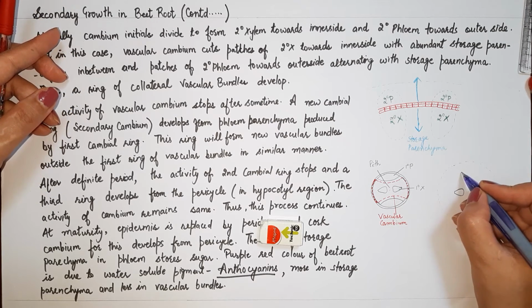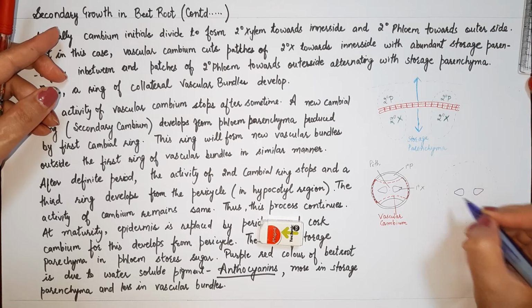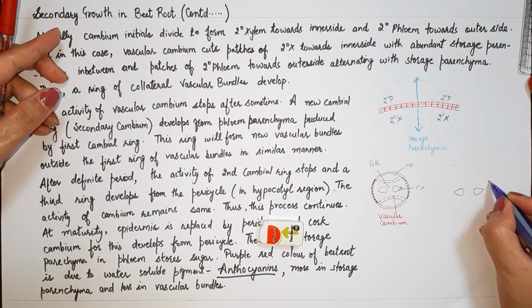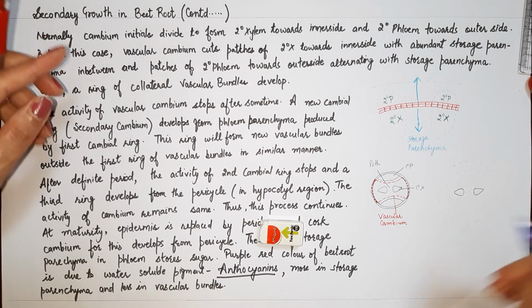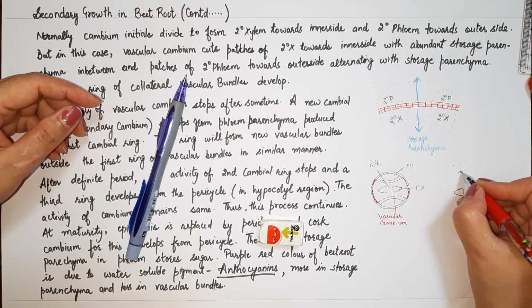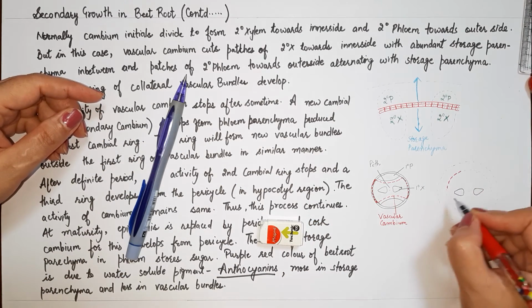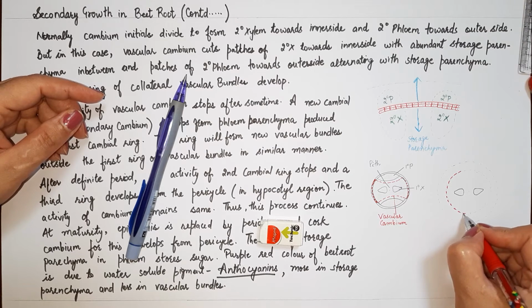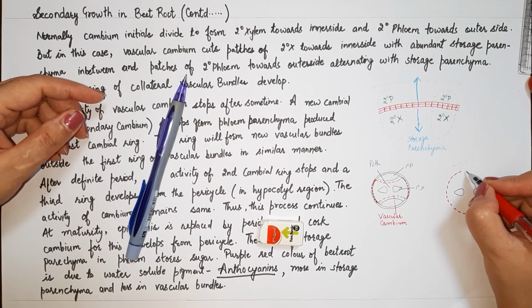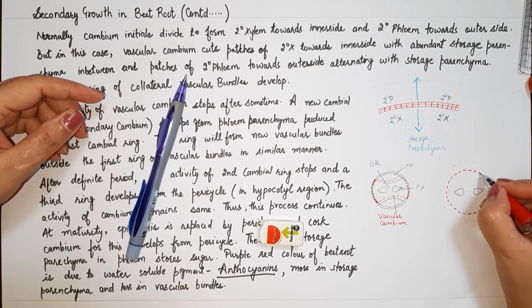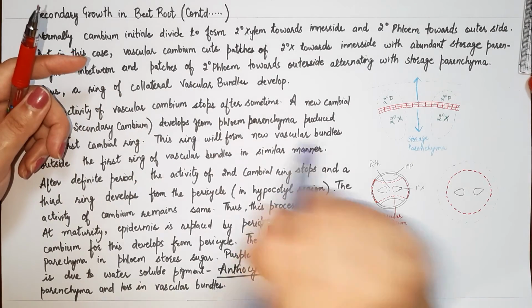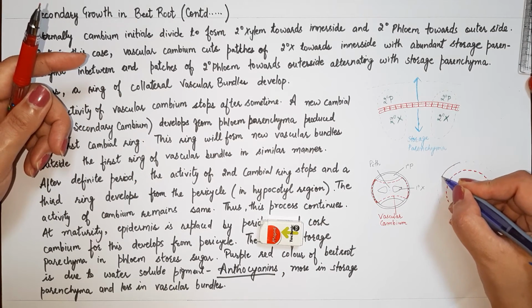So, we will directly make a circular ring. Initially you can mark the area, you can use a compass for that. It is not a discontinuous ring, just for representation purposes we are making it a dotted line. So, this is the ring of vascular cambium. You can complete it outside where we have pericycle.